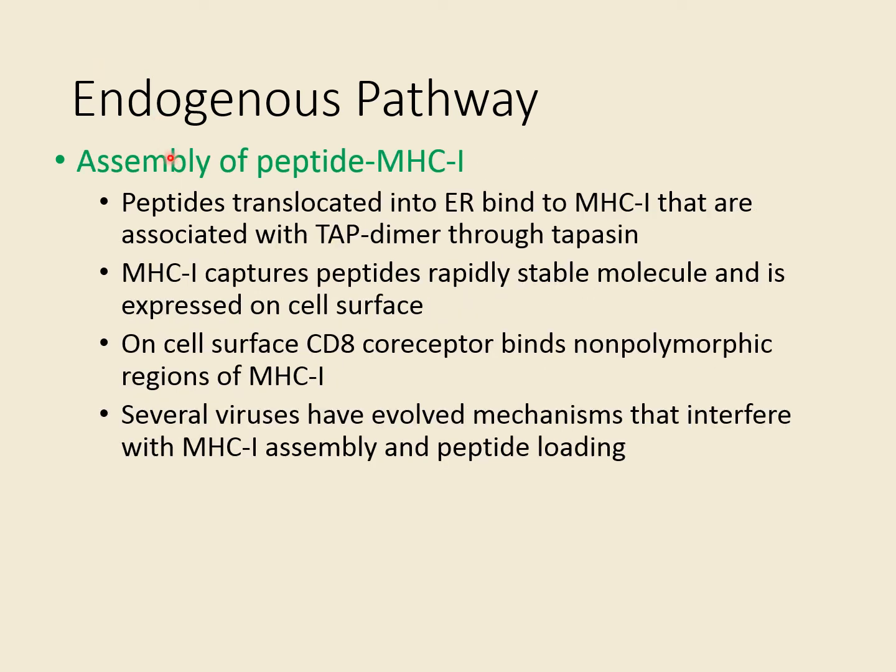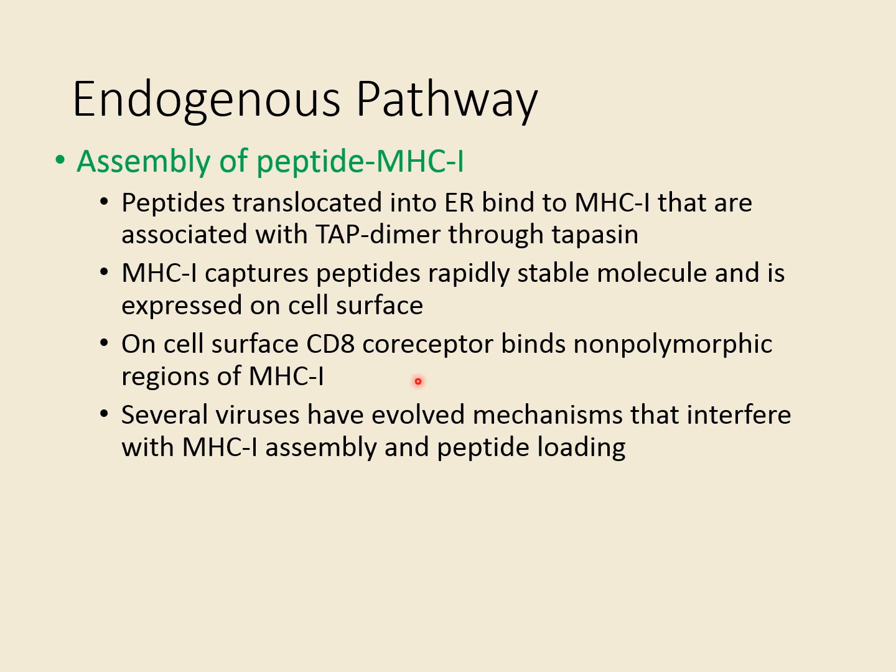The final step in endogenous pathway processing is the assembly of the peptide and MHC1 molecule complex and its display on the surface. So the peptide which is translocated into the endoplasmic reticulum binds to the MHC class 1 molecule, which is associated with calnexin as well as tapasin. This MHC class 1 captures peptides rapidly and becomes stable, and then it is ready to be displayed on the surface of the antigen presenting cell.